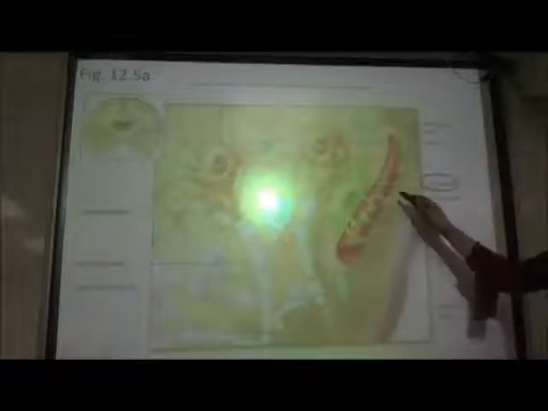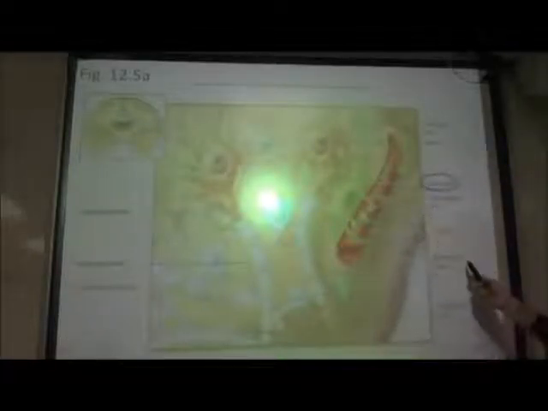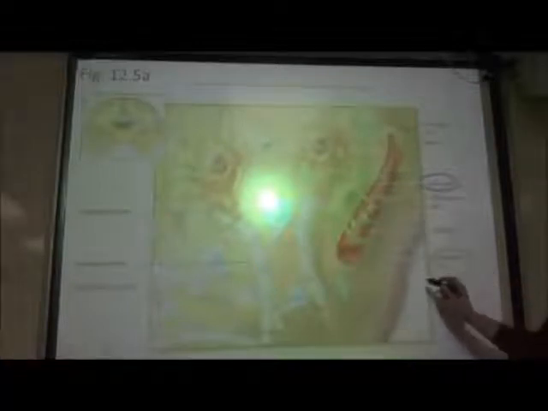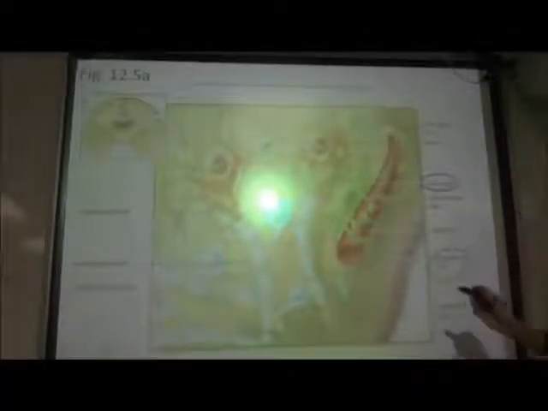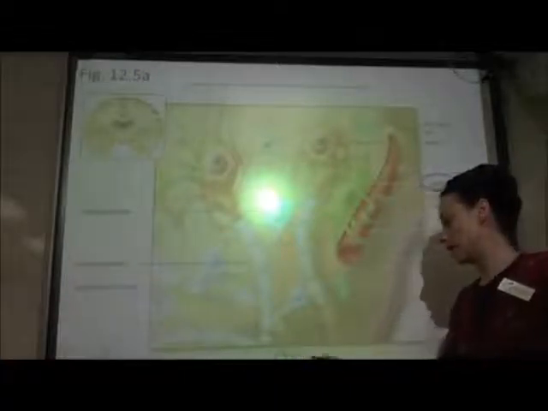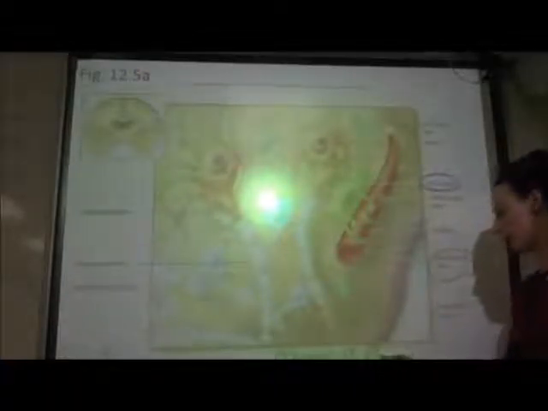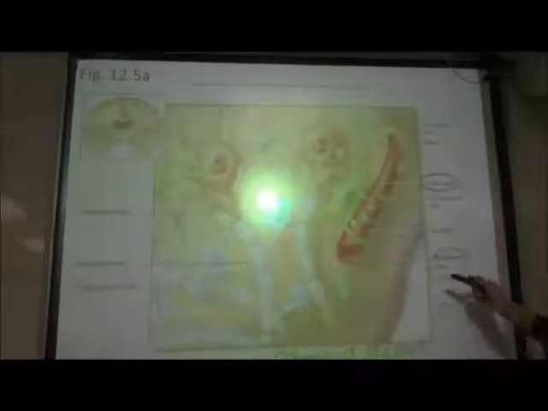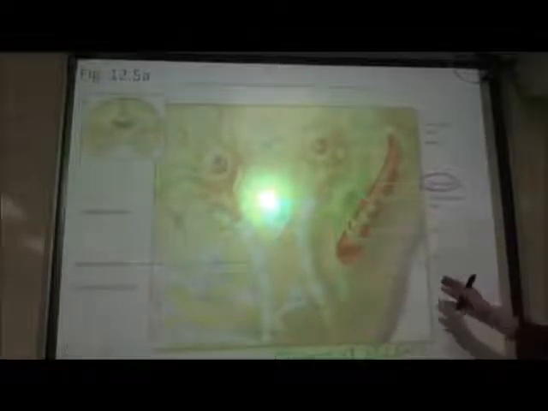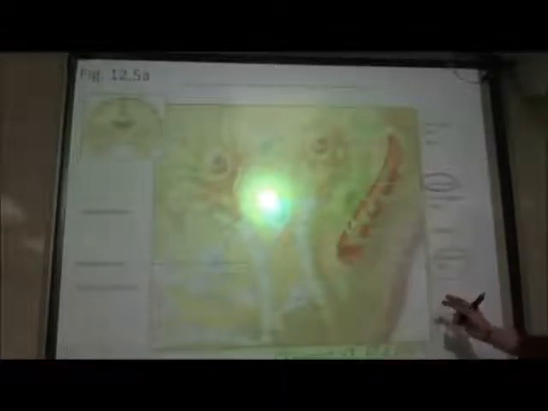The next cells that we should talk about are these ependymal cells. I don't like that they have the ependymal cells right here next to this blood-brain barrier that we're forming with the astrocyte, because ependymal cells are found in the choroid plexus, which is this specialized area that's free of blood-brain barrier. The reason it's free of blood-brain barrier is because these cells have got to be able to get things out of the blood to make our cerebrospinal fluid, it's called. And the cerebrospinal fluid circulates through these empty spaces in the brain called ventricles, and it circulates around the brain and then down in through your spinal cord.